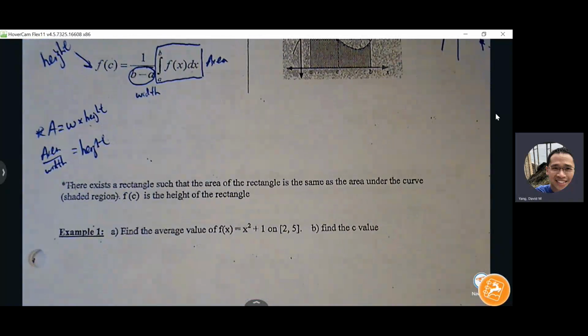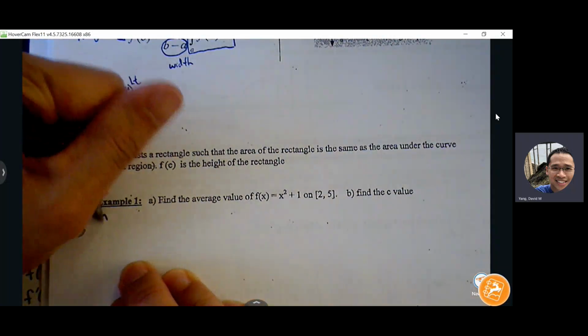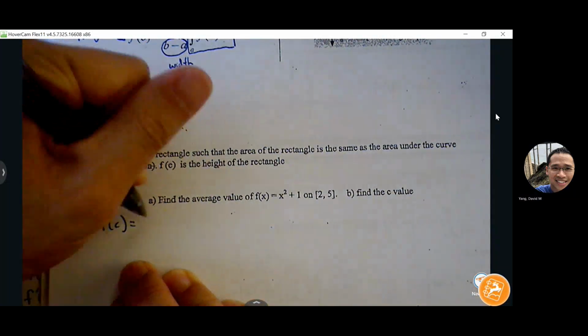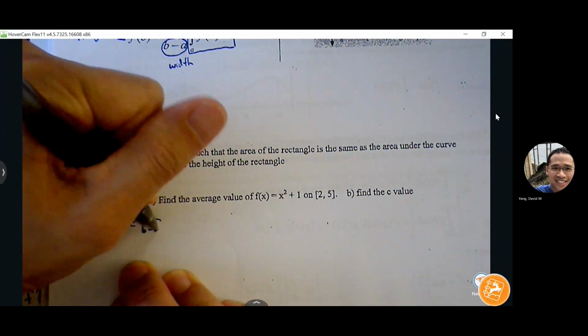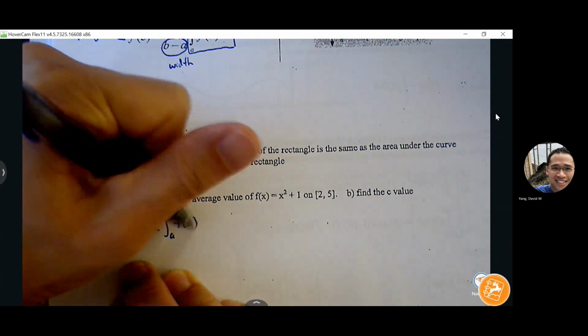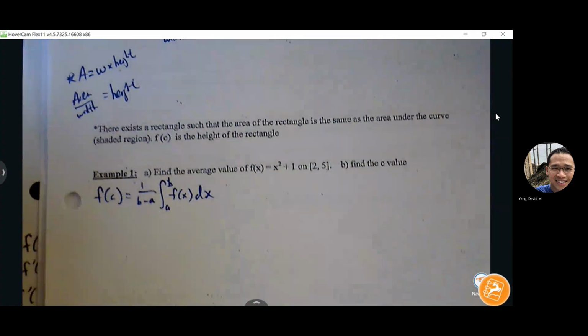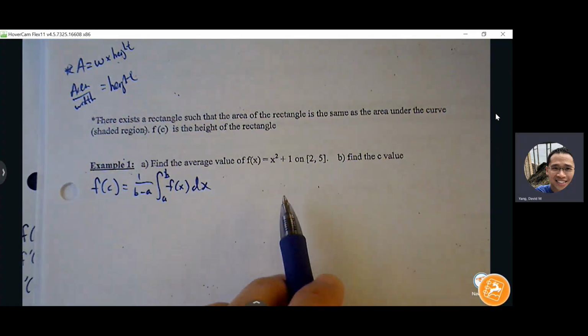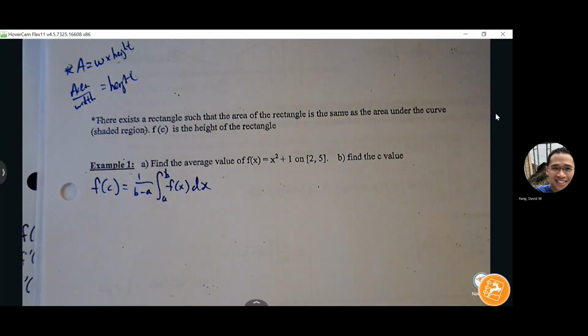Okay, so let's try example 1. Example 1 says find the average value, in other words, find the average height across all the heights, of x squared plus 1 on the interval from 2 to 5. Let me write the formula, and we're going to apply the formula here. What are my a and b values? 2 and 5, right?